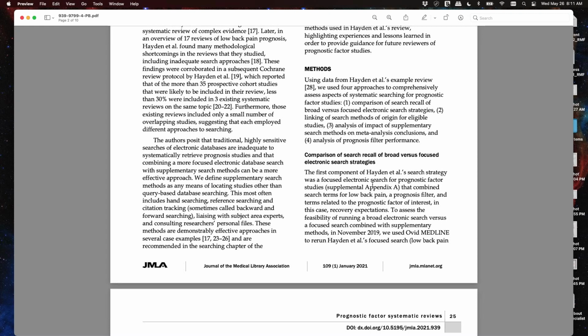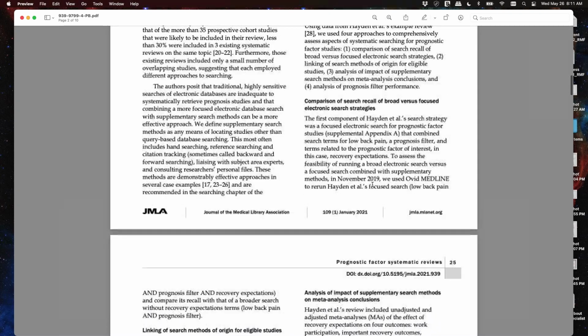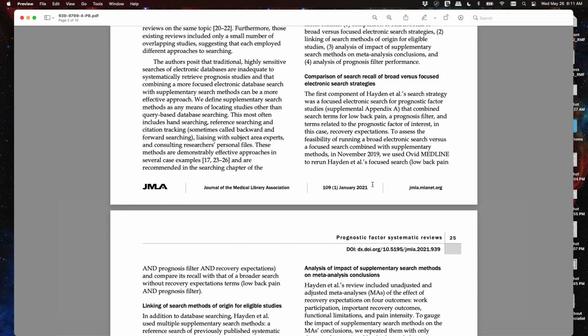The difference between the focused search and the broad search is that the search is constructed as low back pain, and the second search block is a prognosis filter, and the third search block are the outcomes, so the recovery expectations.